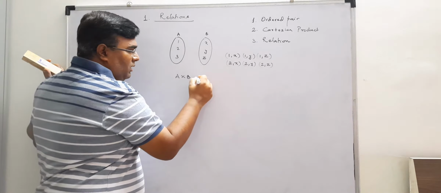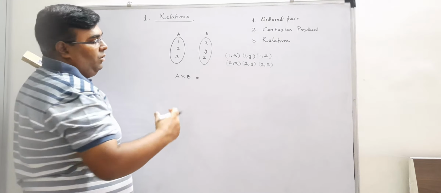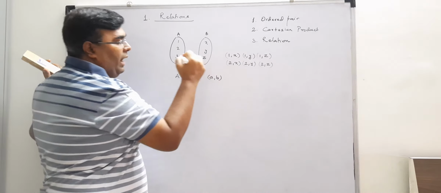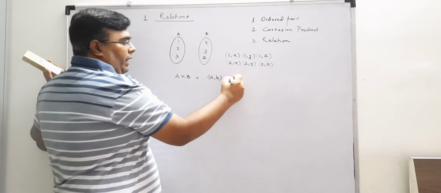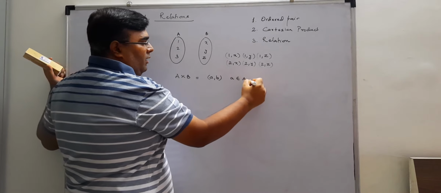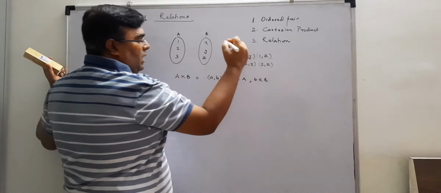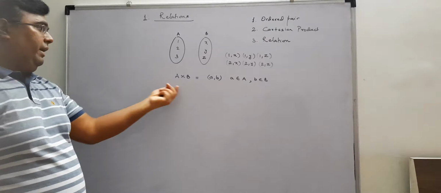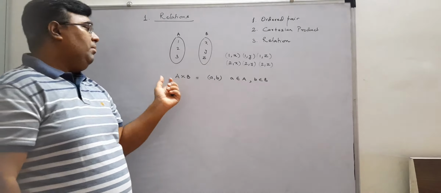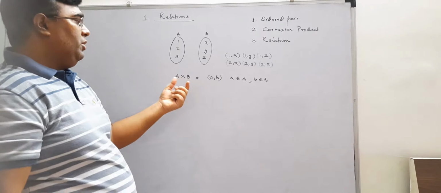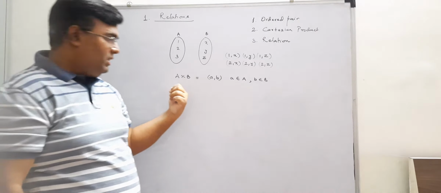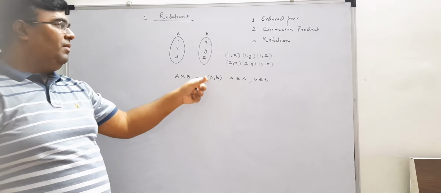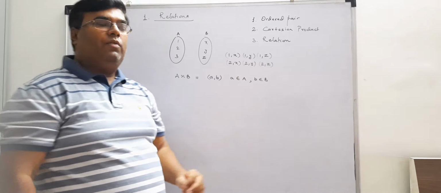A cross B means an ordered pair (a, b) where a belongs to set A and b belongs to set B. So we are doing the Cartesian product of A and B, where set A is my first set. All the elements will form an ordered pair where the first element will come from set A and the second element will come from set B.